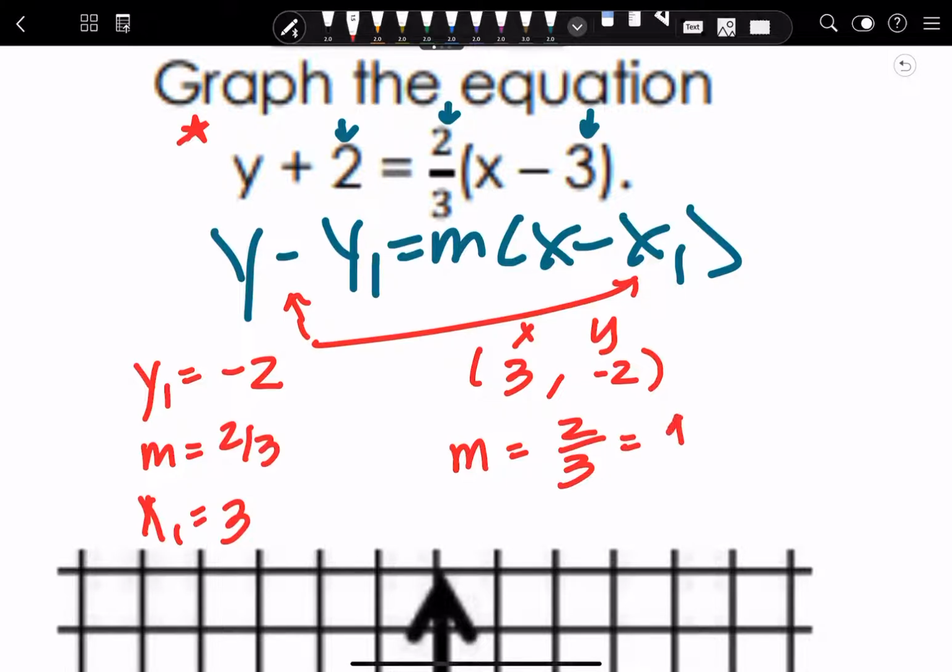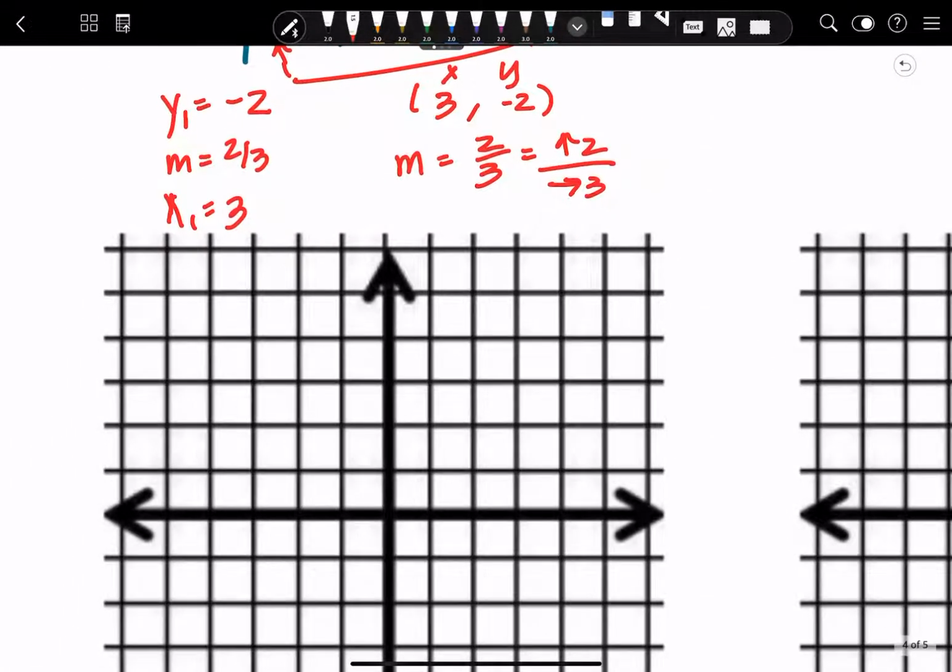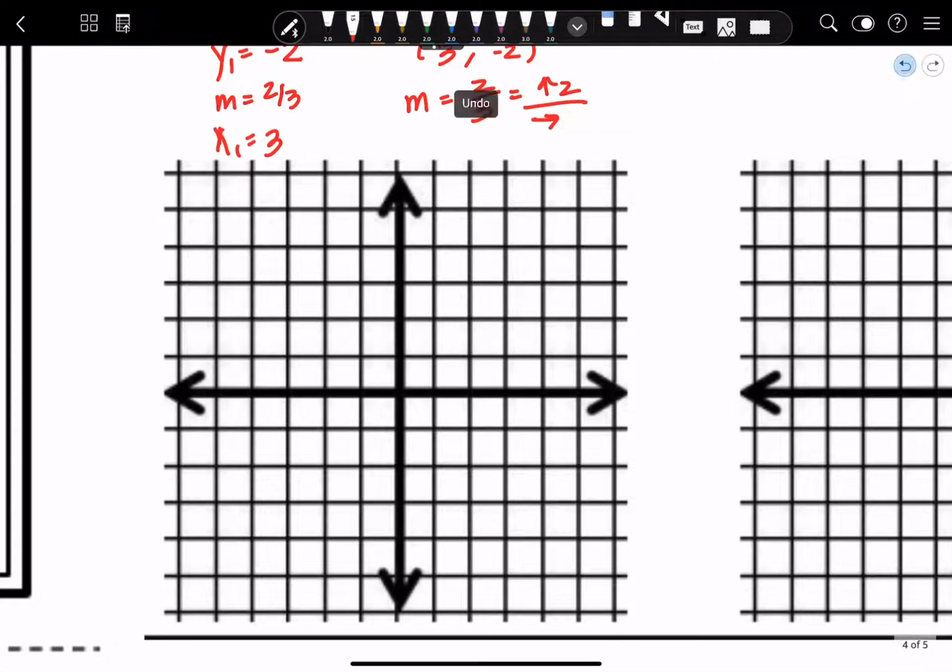Because they're positive, it goes up 2 and always to the right, 3. So you're going to graph it. You're going to go to 3, -2. You're going to go up 2 to the right 3. Up 2 to the right 3.